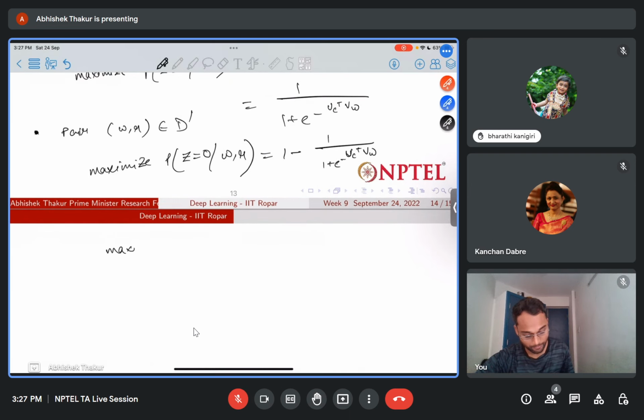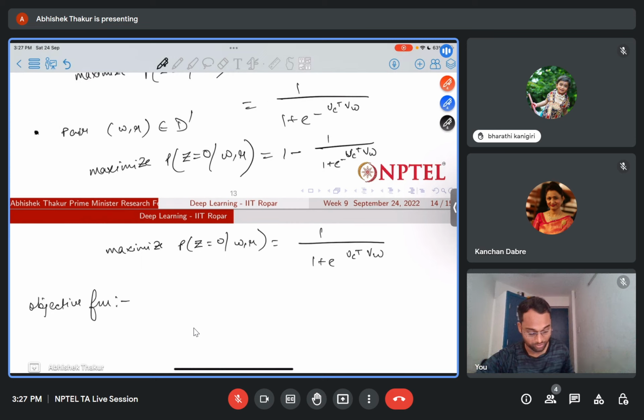Our main objective is to maximize both of these functions. So this will be 1 by 1 plus e to the power minus uc transpose vw. I think this minus will go away. So what will be our objective function in this negative sampling method?